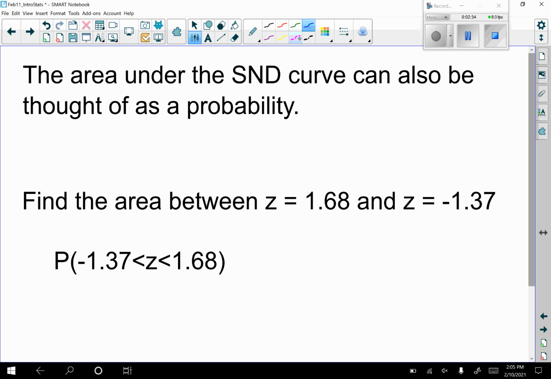Now, it could just be stated like this: find the probability that a z-score is going to fall between these two values. And we already did the sketch yesterday. But again, we would just go back to menu 552, type in the lower boundary, then the upper boundary, and get that 0.868.